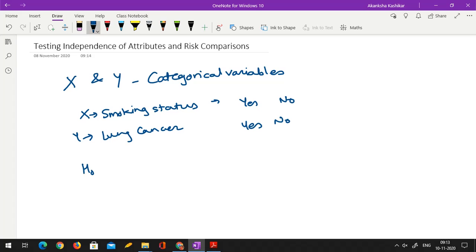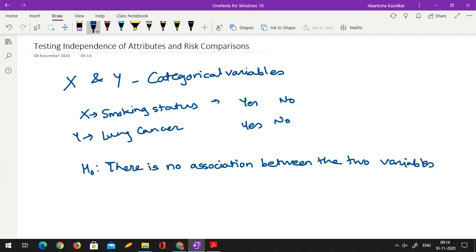So the null hypothesis is that the two attributes are not related, so there is no association between the two variables under study. Here it would mean that whether you smoke or not has no effect on the probability of you getting lung cancer.